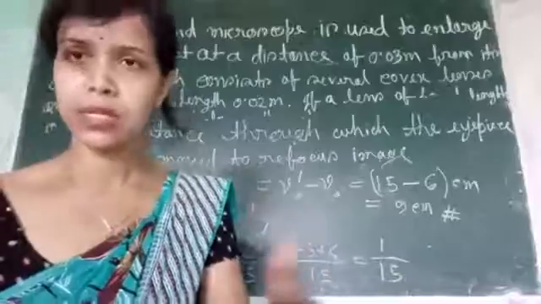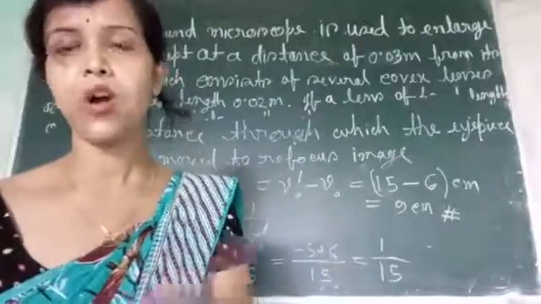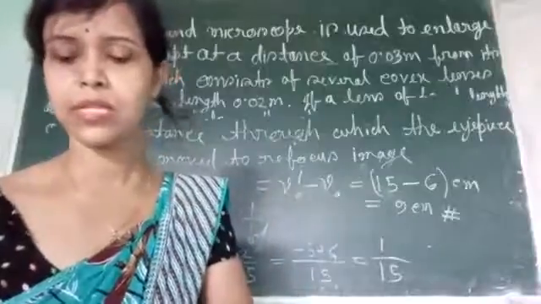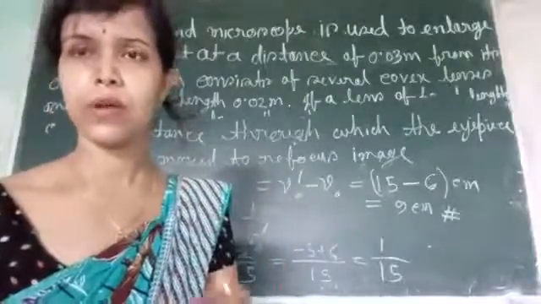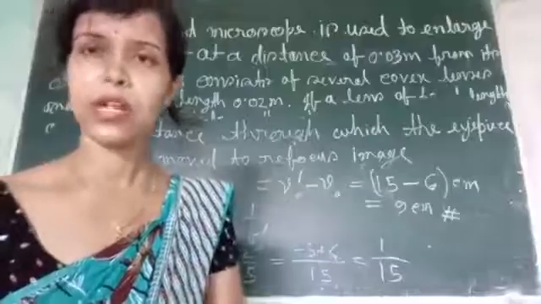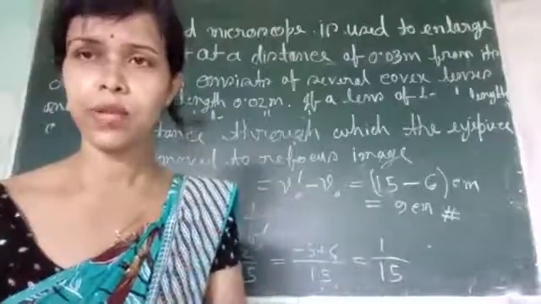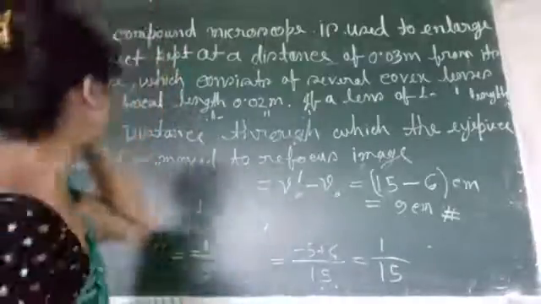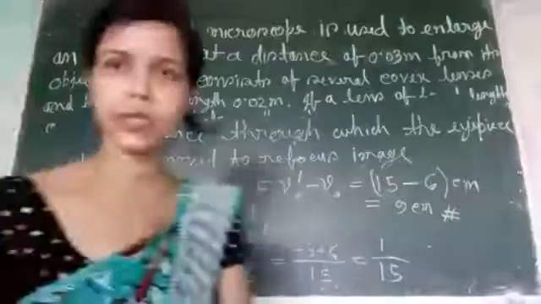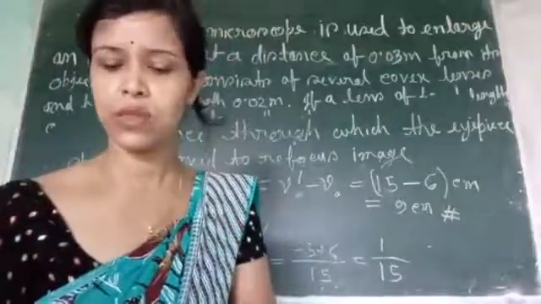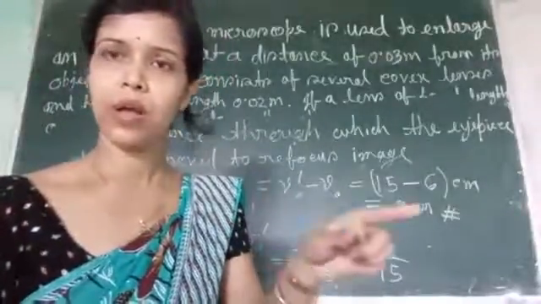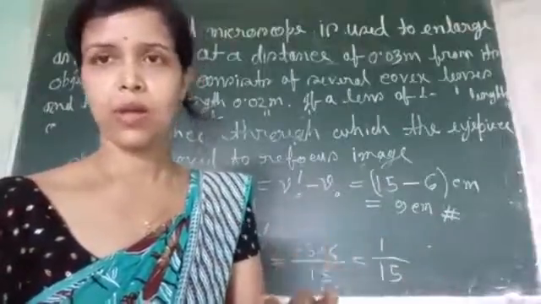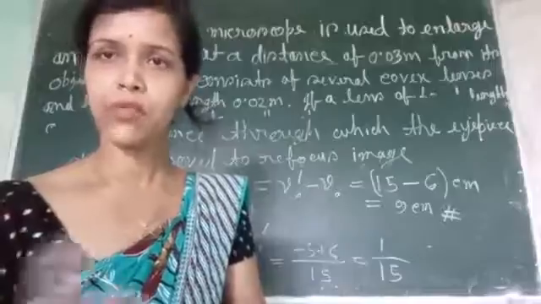But this lens equation is applied only for the objective lens. So for the objective we first got the image distance V naught, and after that, when we removed the convex lens of focal length 10 centimeter from the objective, we found the new focal length of the objective, F naught dash.